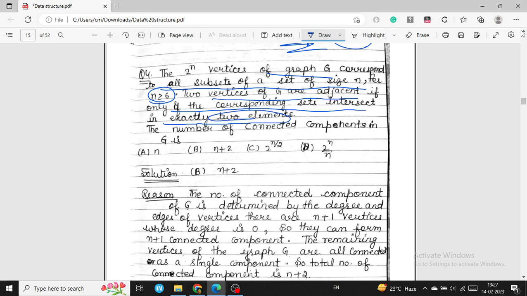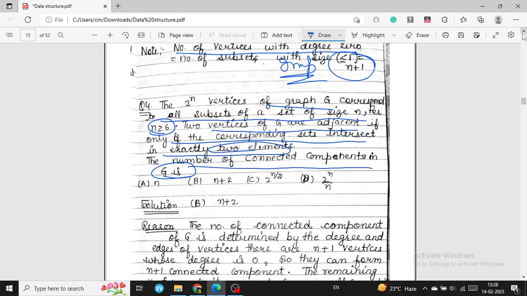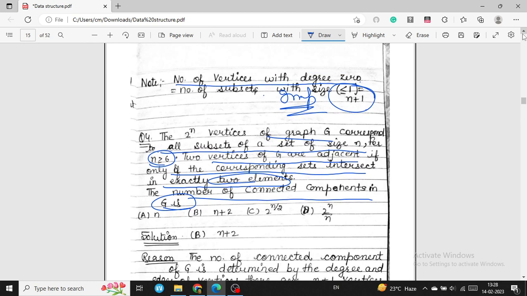Same as before, but in this question we have to find the number of connected components in the graph. In the previous question, we found the number of vertices with degree 0 and the number of sets.